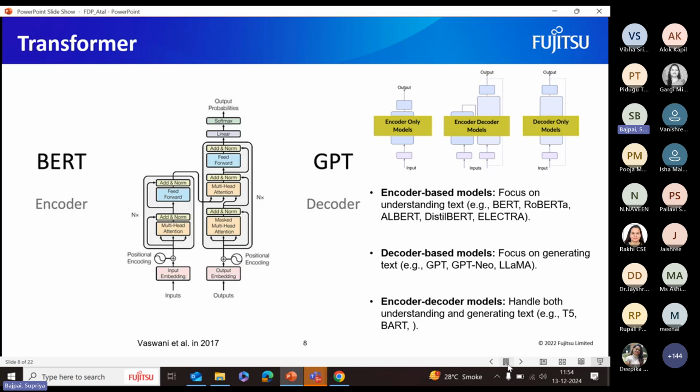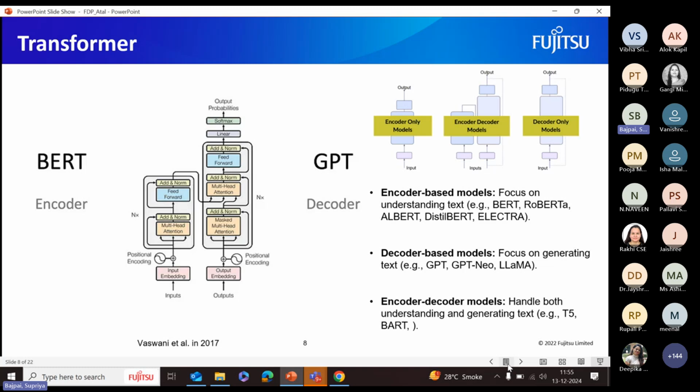And a few models like T5, BART, and a few more are both encoder and decoder. Basically, encoder-based models are good at understanding text, and decoder-based models are good at generating text. The encoder-decoder can handle both things.